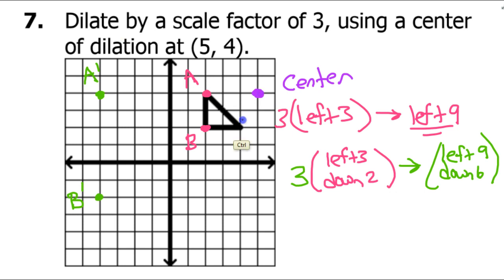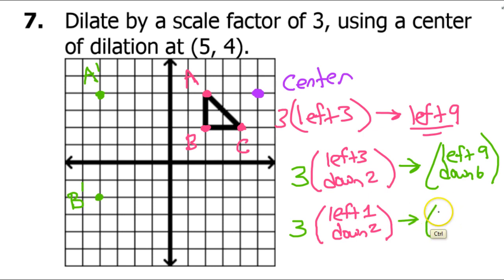Okay, one more time. Let's call this point C. If I want to get to point C from the center, I would have to go left 1, down 2. But the scale factor is 3, so I need to multiply all of my motions by 3.